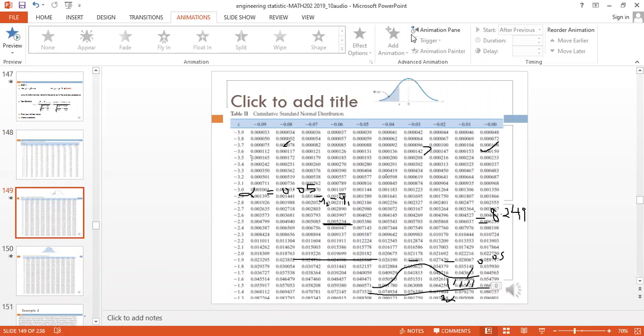Good. So 0.025, we know is 1.96. We know that from previous examples. So the Z value here will be 1.96.